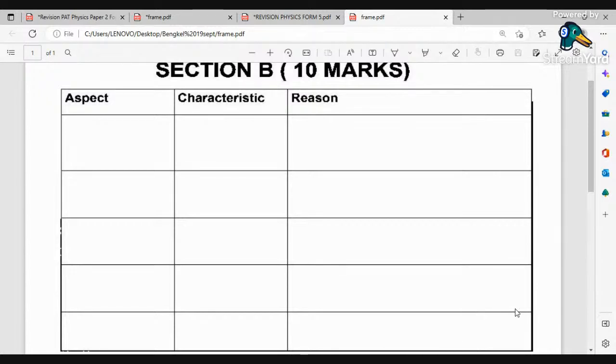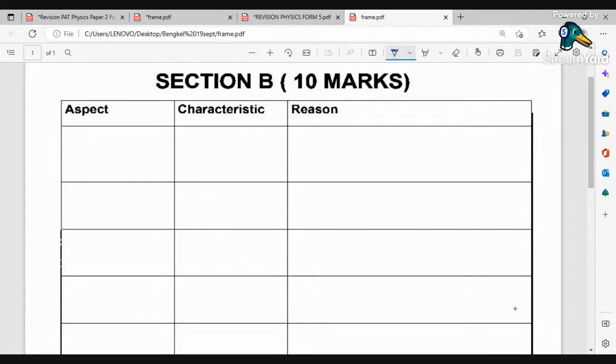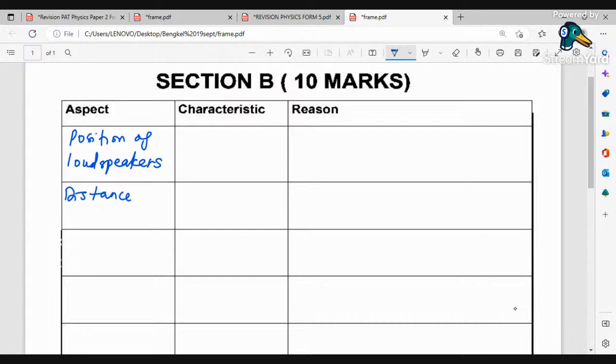Let us look again at section B. First, position of loudspeaker. Distance between two loudspeakers. Position of microphone.